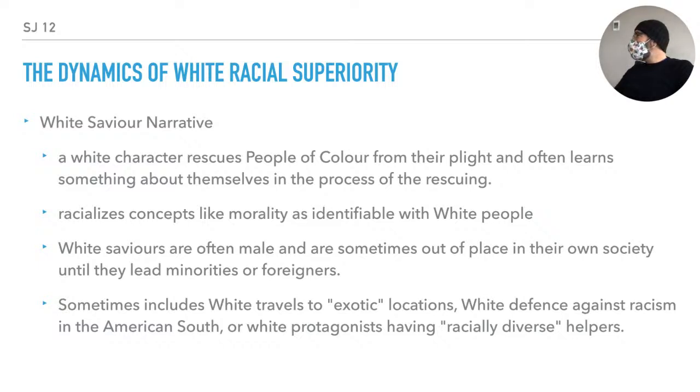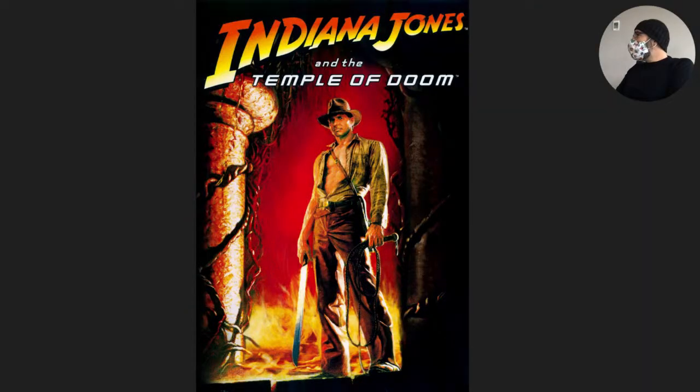And, in the spirit of me ruining a lot of things, growing up, I loved and still love the Indiana Jones movies. And this one, Temple of Doom, from I think 1984, the second one of the trilogy, not thought of to be the best one, but still okay, is a perfect white savior movie.